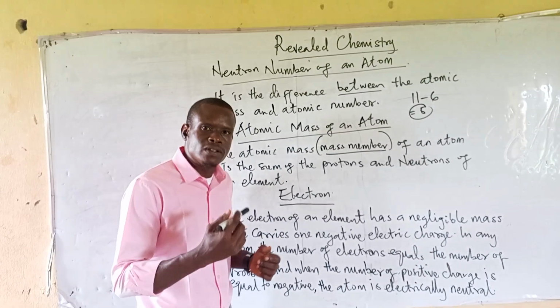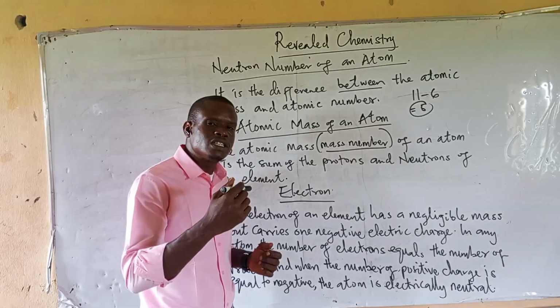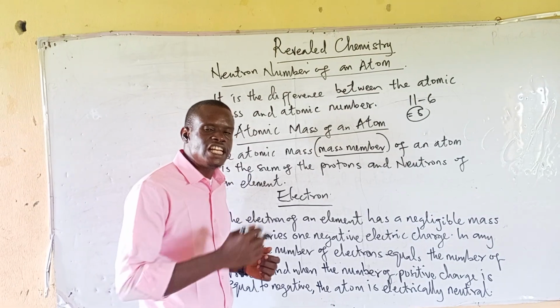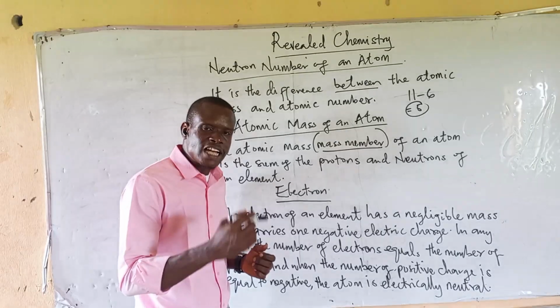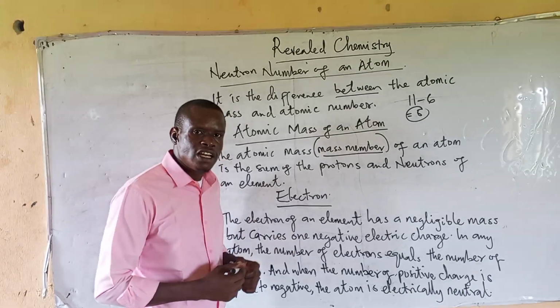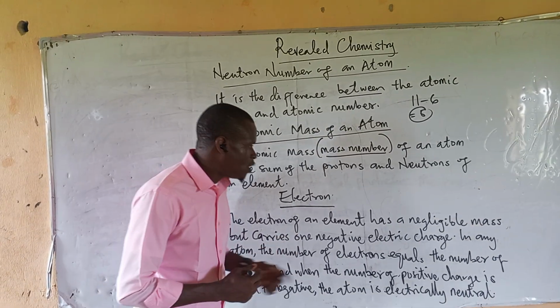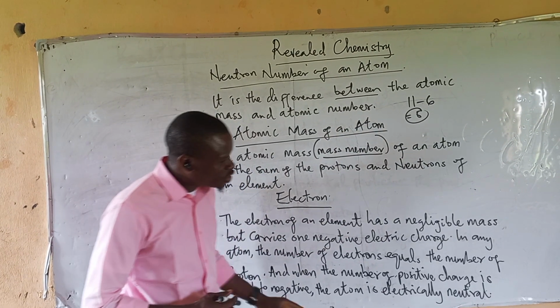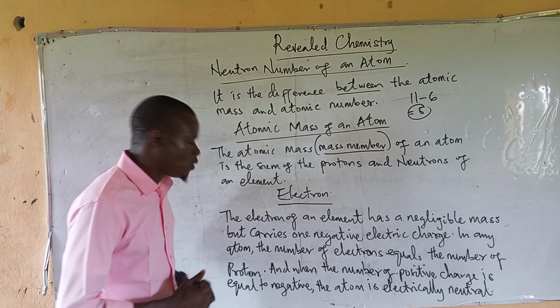So if the protons inside the nucleus are positively charged, you need the electron to be negatively charged to neutralize it. Which is why I said here that in any atom, the number of electrons equals the number of protons.